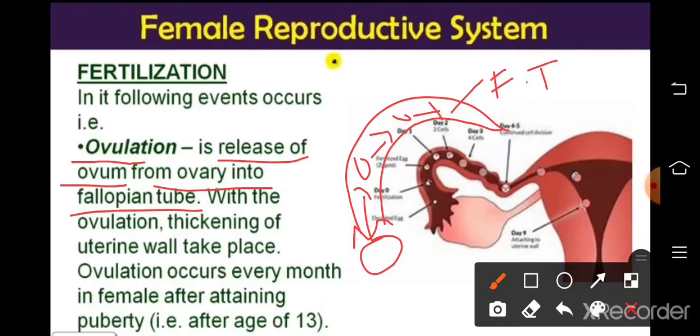After ovulation, this uterine wall thickens up to 10 times more. Ovulation occurs every month in females after attaining the age of 12 to 13.